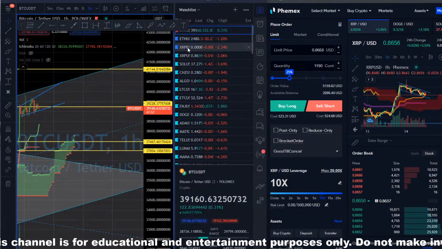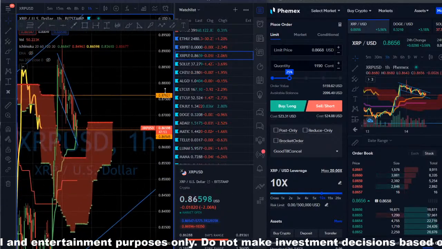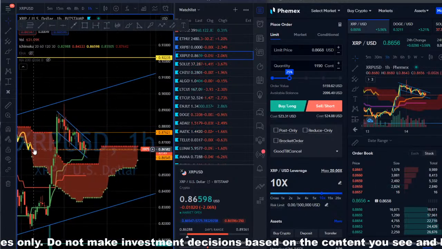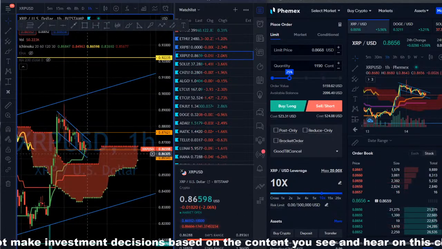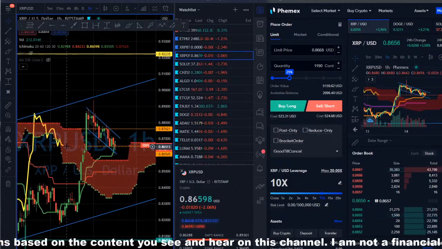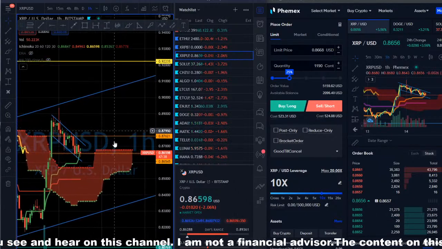I want to look into XRP. So right here, you can see how the conversion line is up, the lagging span is down here in the cloud, and your baseline is right down here in the cloud as well.